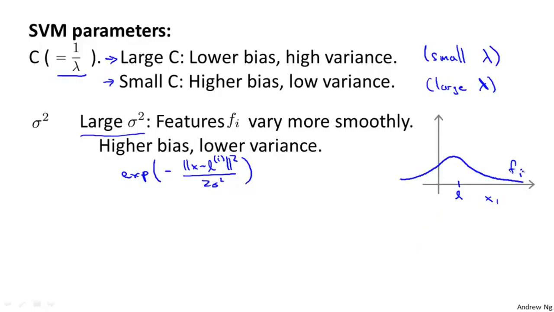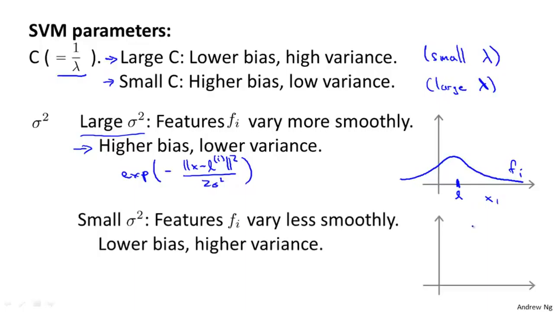So this would be my feature f_i, a smoother function that varies more smoothly, and this would give me a hypothesis with higher bias and lower variance. Because the Gaussian kernel falls off smoothly, you tend to get a hypothesis that varies slowly, or very smoothly, as you change the input x.